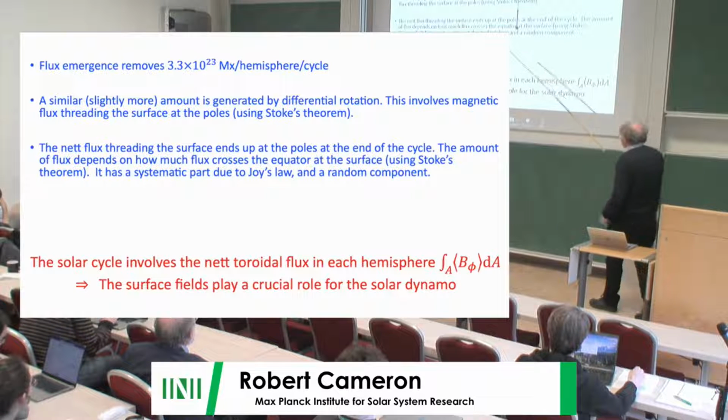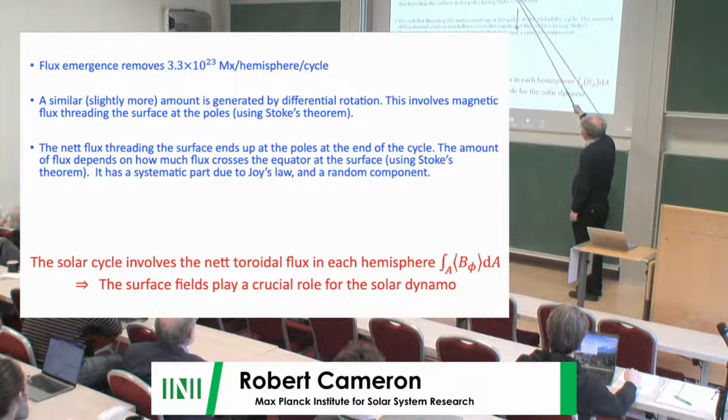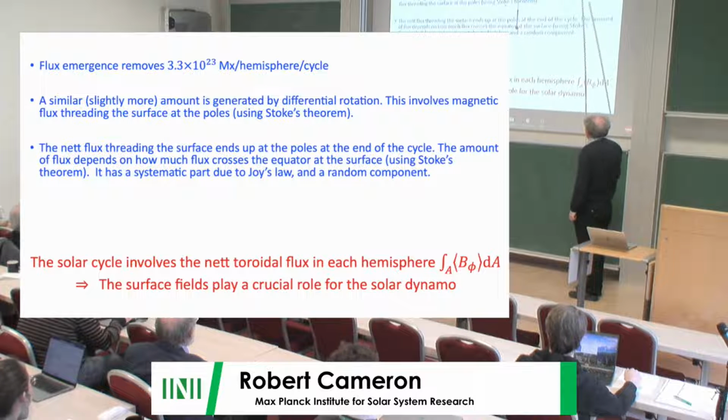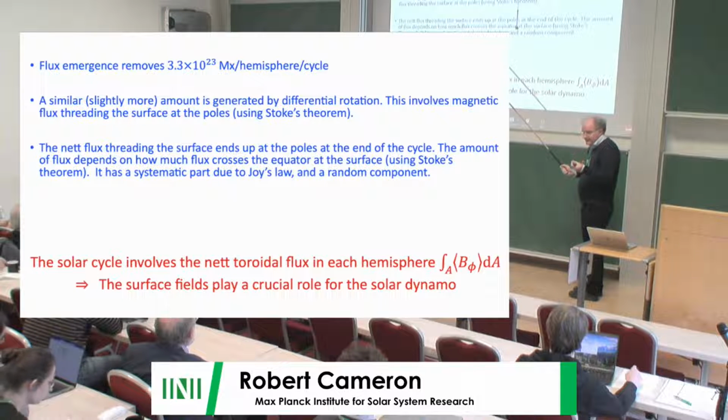So I'll come to my conclusions for the first part. Flux emergence removes 3.3 times 10^23 Maxwells per cycle per hemisphere. Slightly more is generated by differential rotation, and the only way of generating the net flux is through magnetic field which threads through the surface.